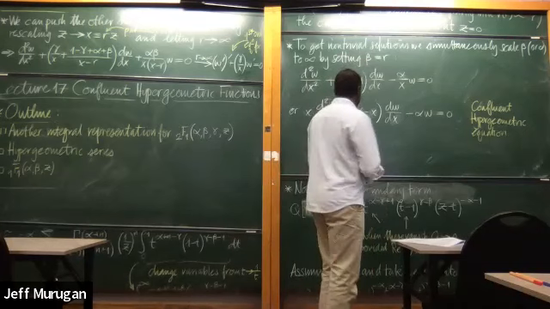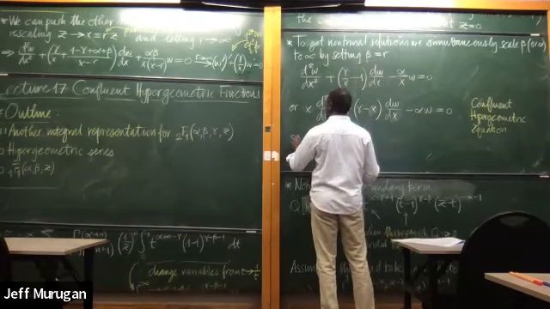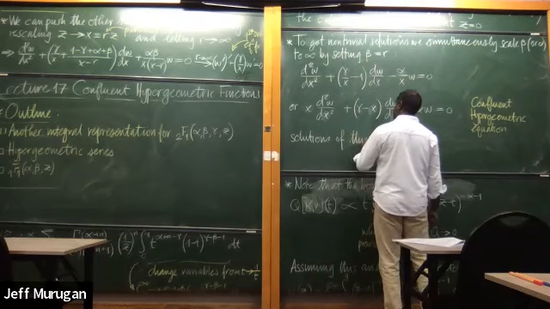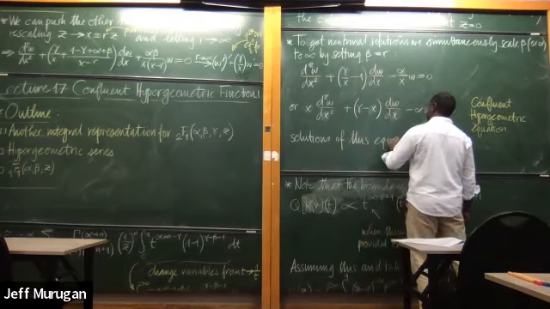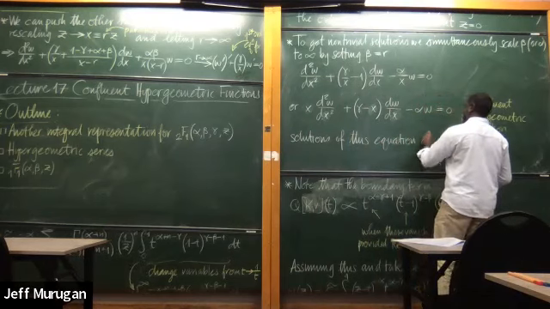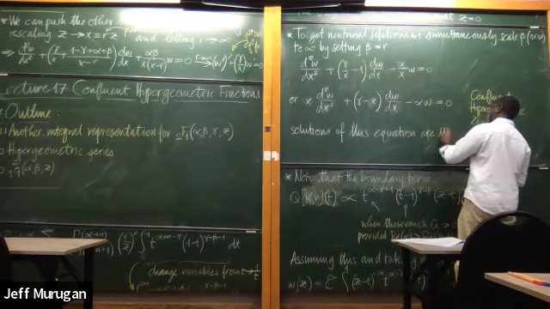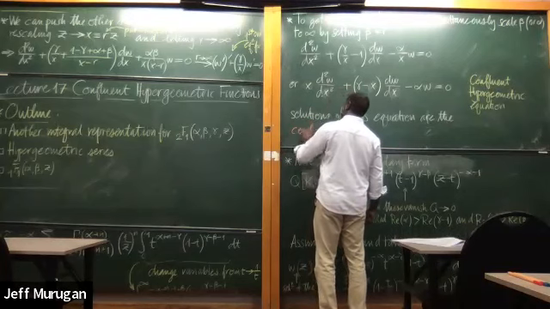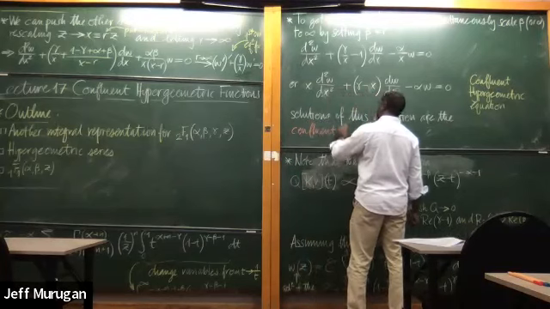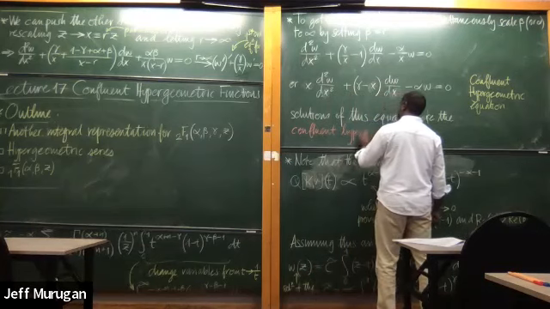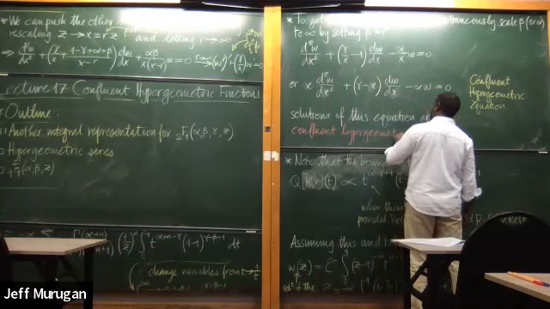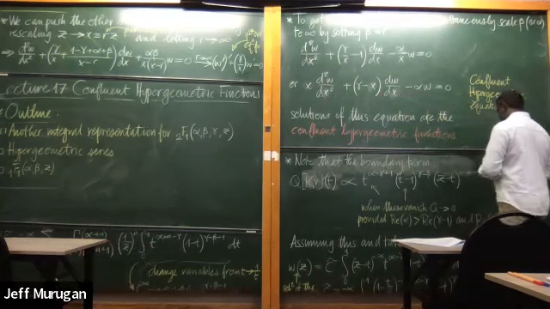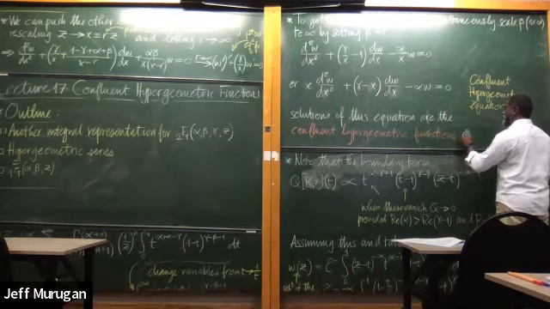Solutions of this are called confluent hypergeometric functions. They're sometimes denoted by capital phi.